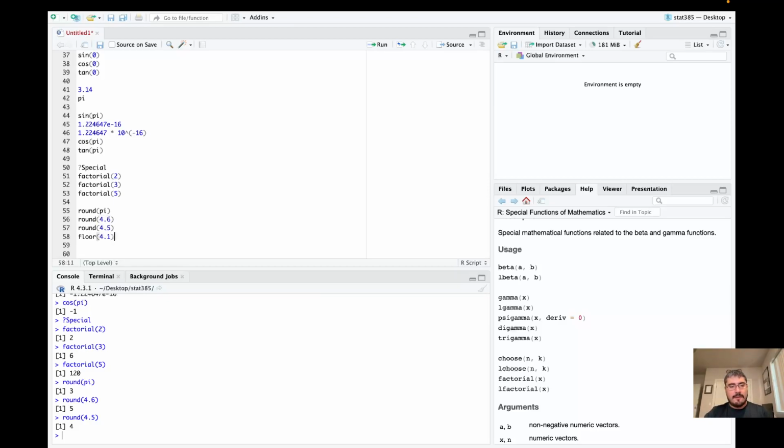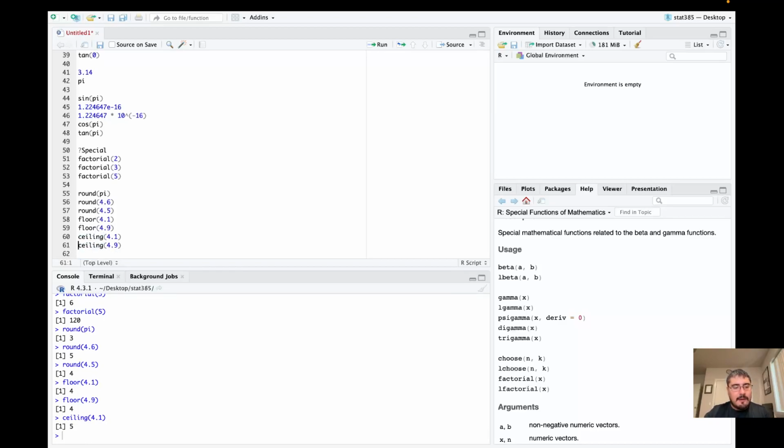If I take floor of 4.1, this is just rounding down, and ceiling, the opposite, would just round up. So 4.1 goes up to 5, and ceiling of 4.9 goes up to 5 as well. And trunc, which just pulls out the whole number part.